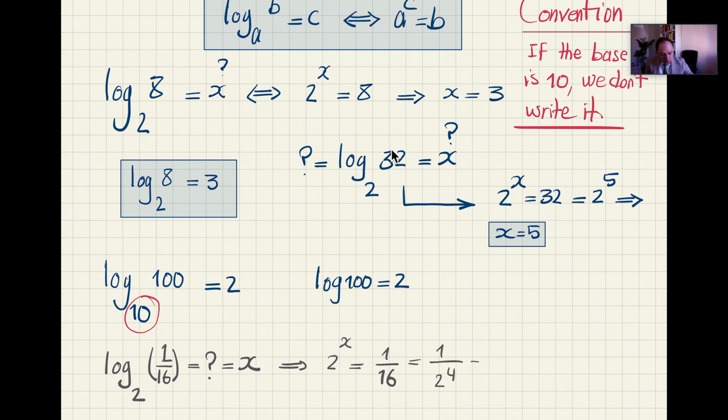But of course 2 to the power 4 can be brought up, instead we can write 2 to the power -4. And then I compare these two, and I realize that x has to be equal to -4. And the answer was exactly what Rocco mentioned, so that's correct. Okay?